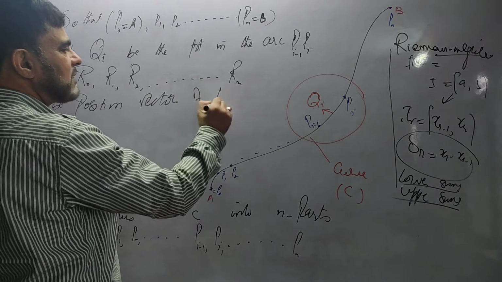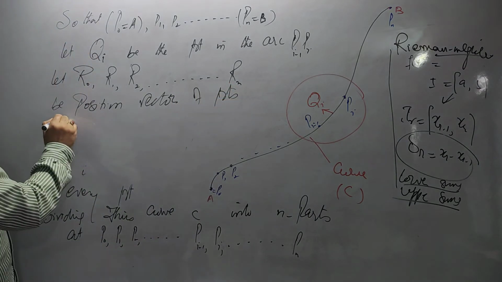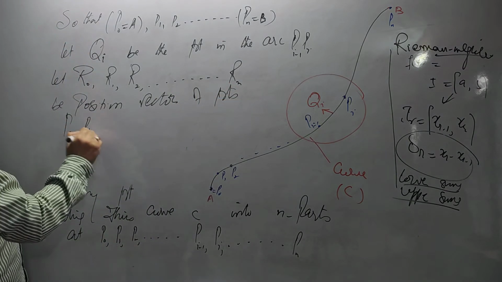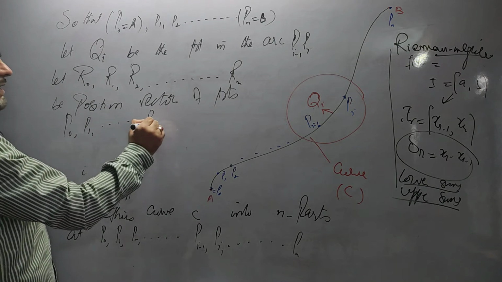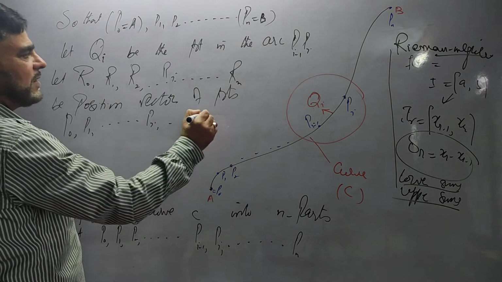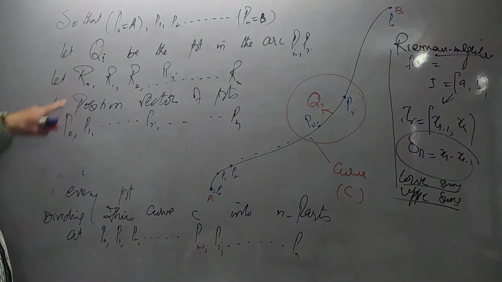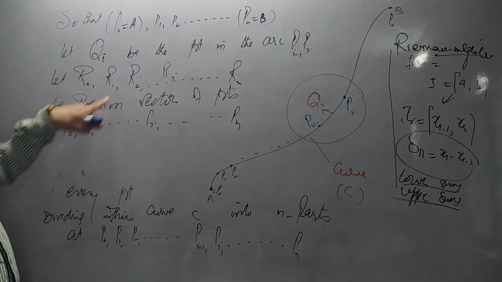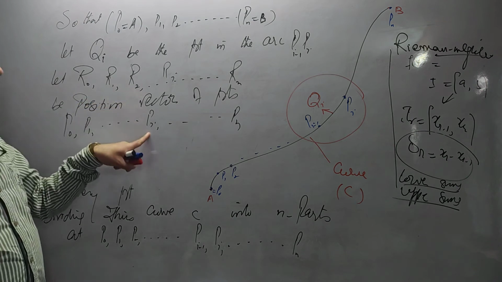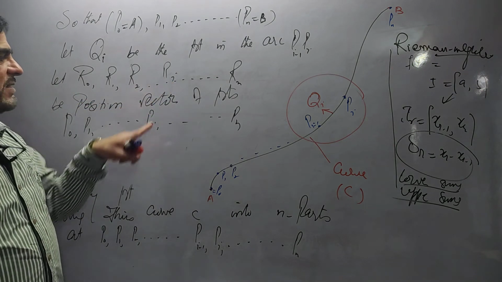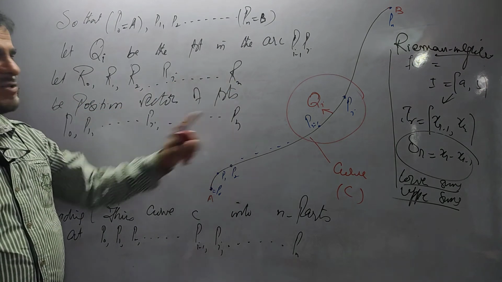These are position vectors of points P0, P1, Pi, here you may say Ri, Pn. It means R0 is the position vector of P0, R1 is the position vector of P1, Ri is the position vector of Pi, and Rn is the position vector of Pn.